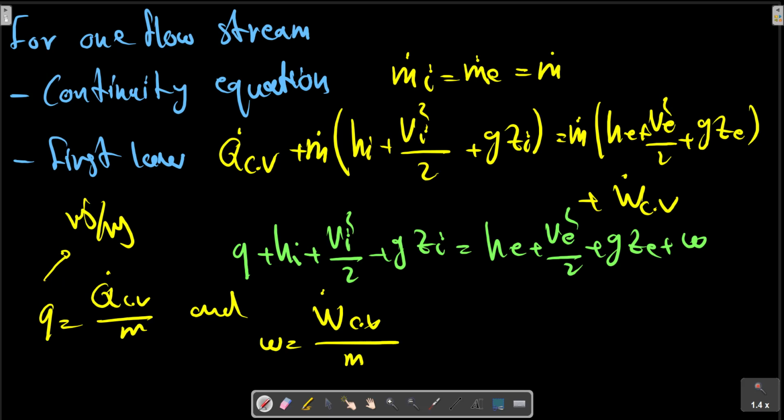A similar assumption is made regarding the properties of the fluid flowing across the control surface and the heat transfer and work crossing the control surface. It is also assumed that for an integral number of cycles, the energy and mass within the control volume do not change.